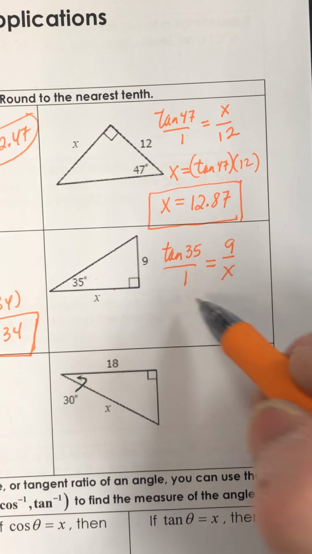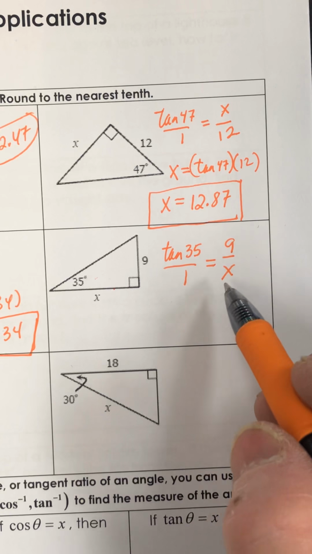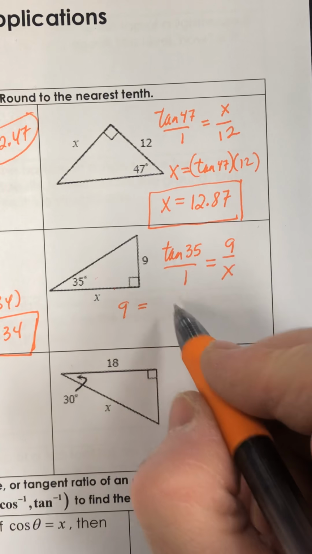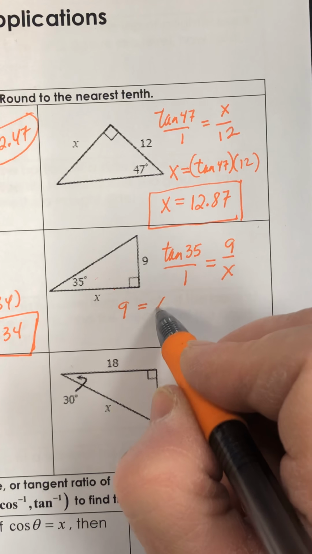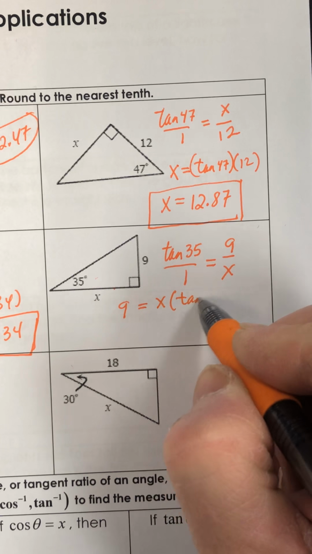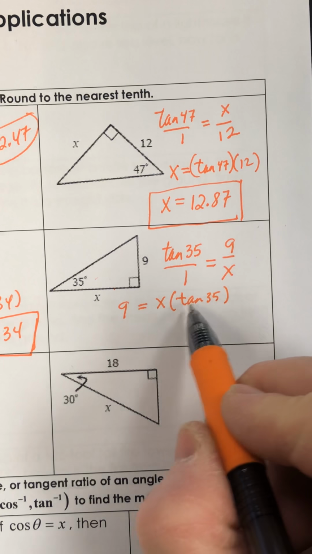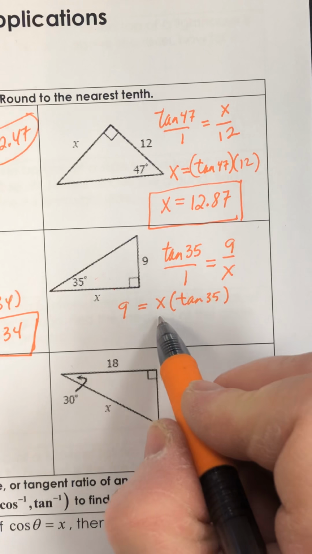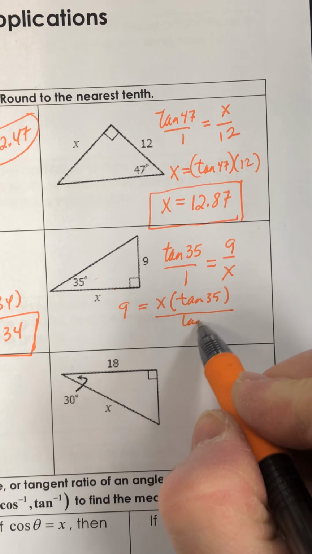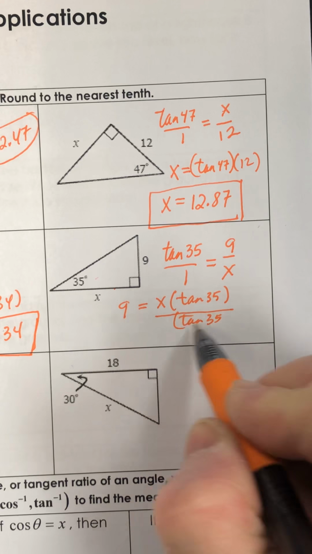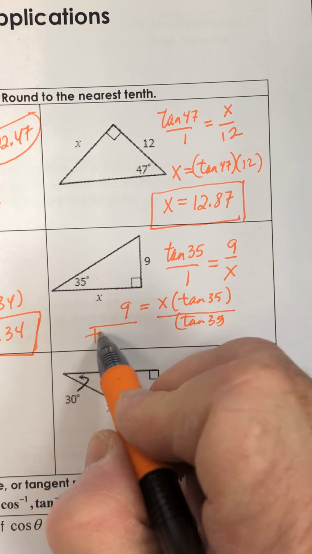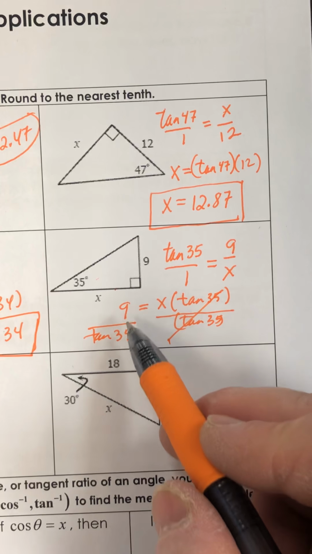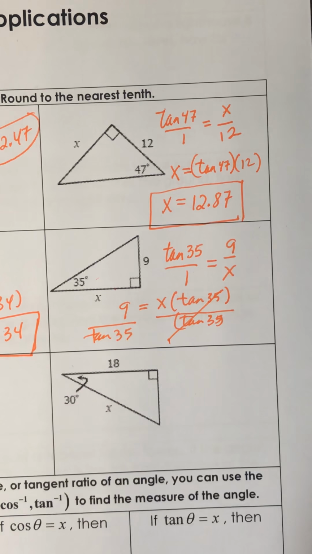Now if I cross multiply, I'm going to have 9 times 1 is 9, equals x times the tangent of 35. So this is a number, and if you do that on your calculator, you get some number. To solve for x, we would just divide by that number. But I won't calculate it until we're done with the process here. So now x is going to equal 9 divided by the tangent of 35.